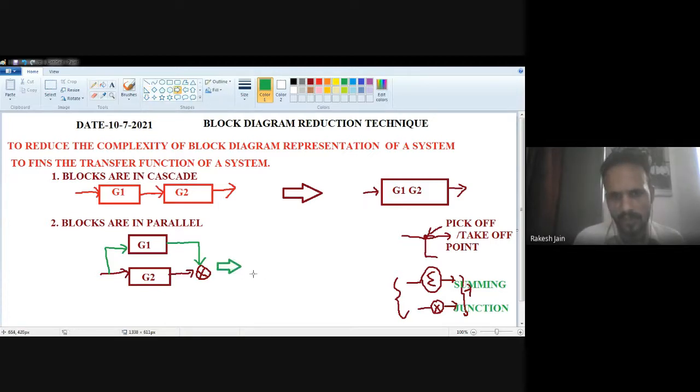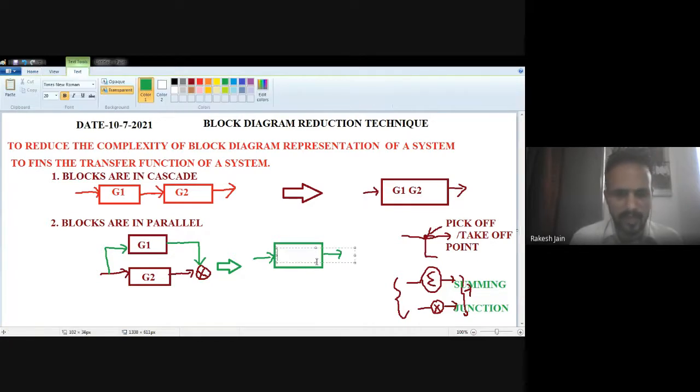So whenever blocks are in parallel, they will be converted into a single block, and they will be added to each other.